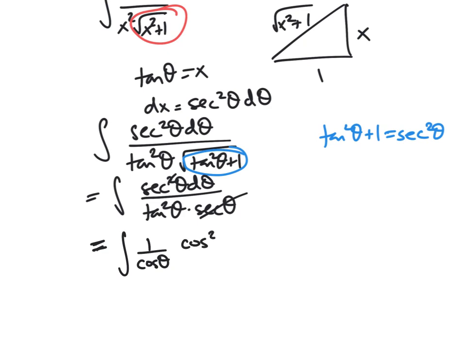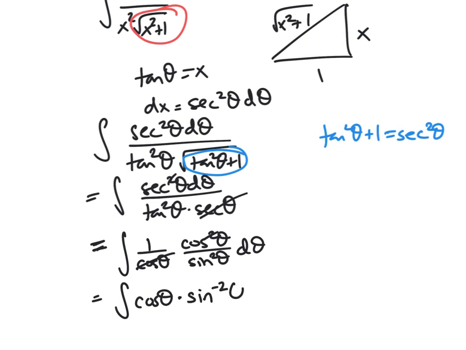So we've got cosine squared theta up top and sine squared theta on the bottom, d theta. So cosine cancels. And now we have sine squared theta in the bottom. So this is just cosine theta, times sine to the minus 2 theta d theta.